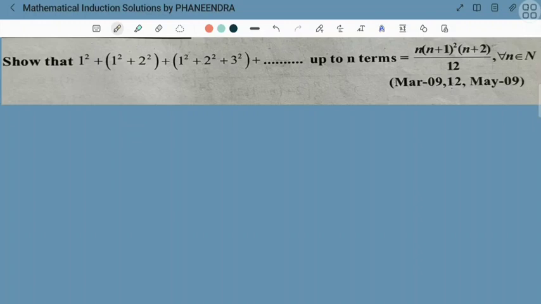So first, for the solution, let the given statement be S of n. S of n is equal to 1 square plus 1 square plus 2 square plus and so on.